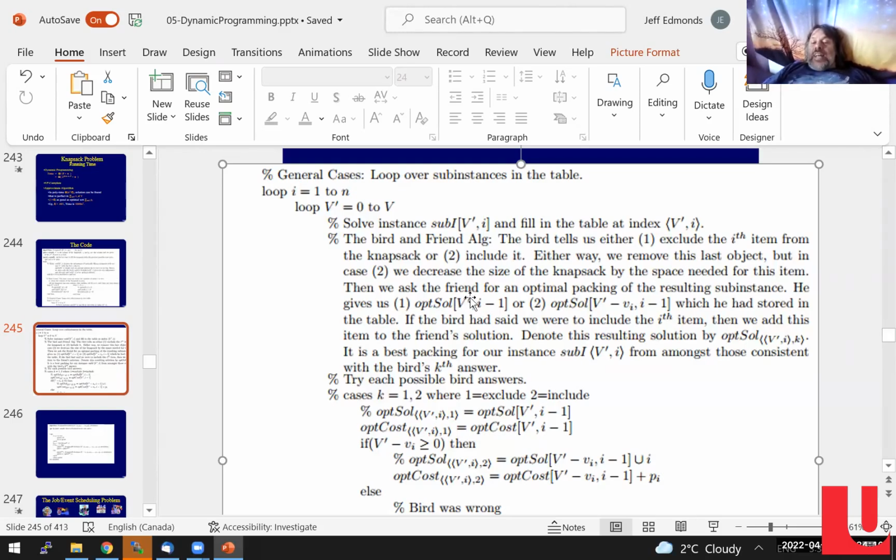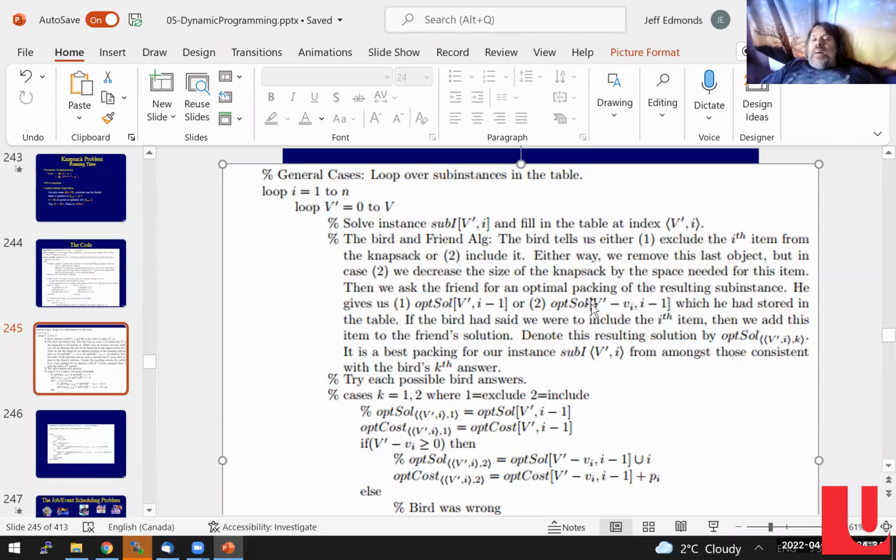And my friend's going to tell me. And then what will my solution be? My solution will be the exact same solution he gave. Whatever he told me to put in the knapsack is what I'll put in the knapsack. Why is it the same? It's because I'm excluding object i. Why? Because the bird told me to.